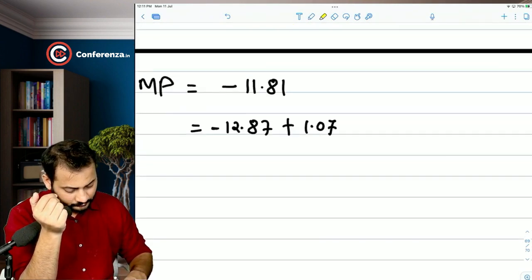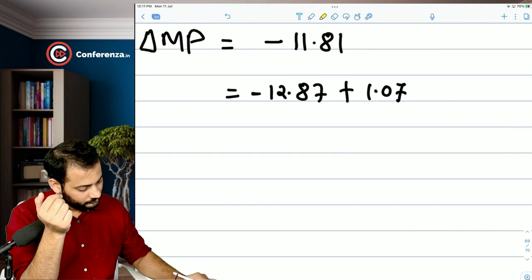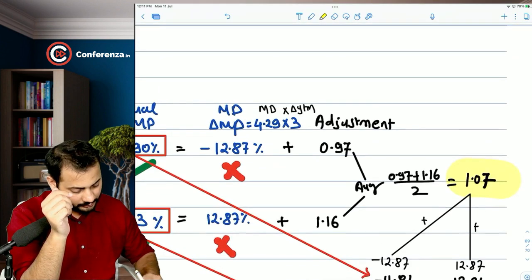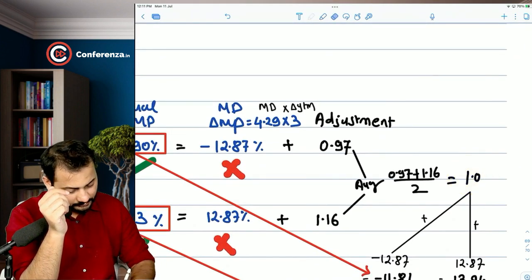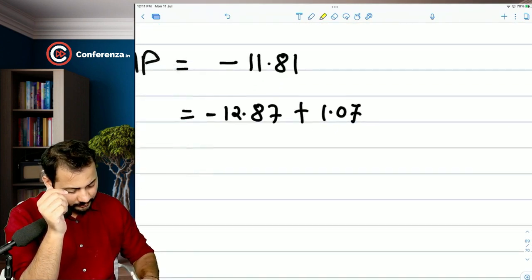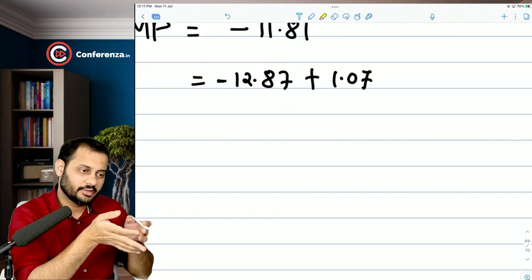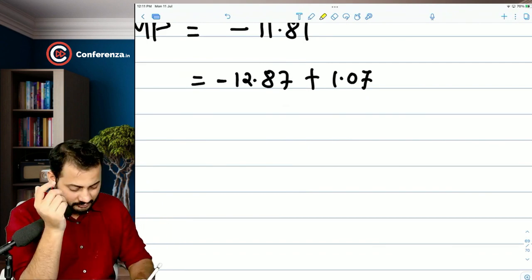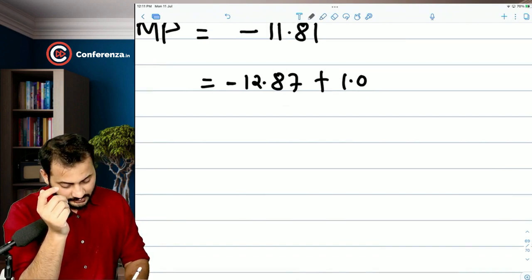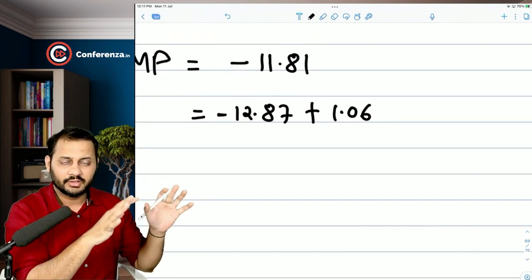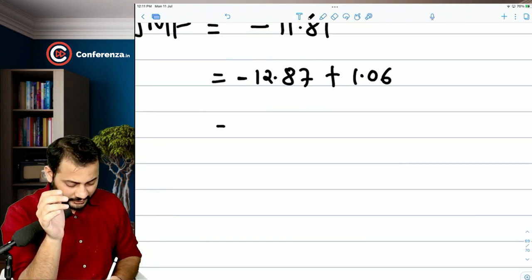It is 0.6 only, so a slight variation, because it is 0.5 now, 1.065, so you can take it as 6 also and 7 also. So let's take it as 0.6. At that time this will be reached. Okay, 12.87 plus 1.06.